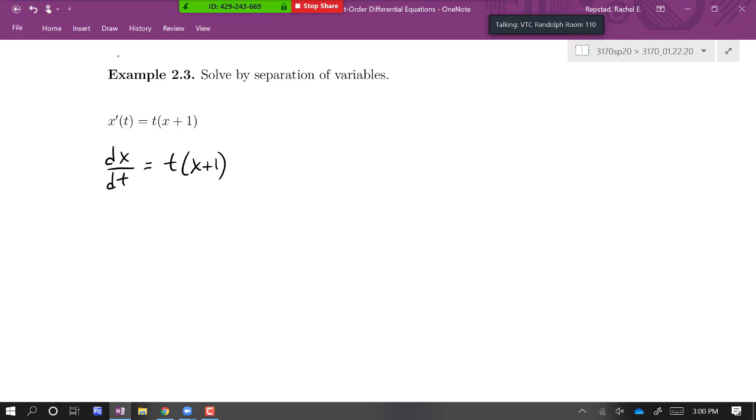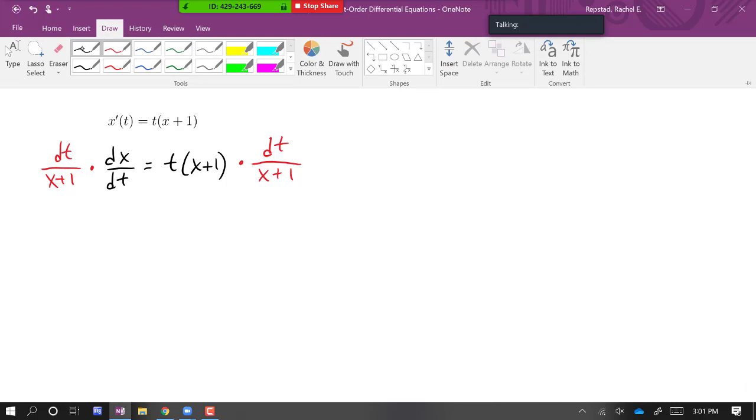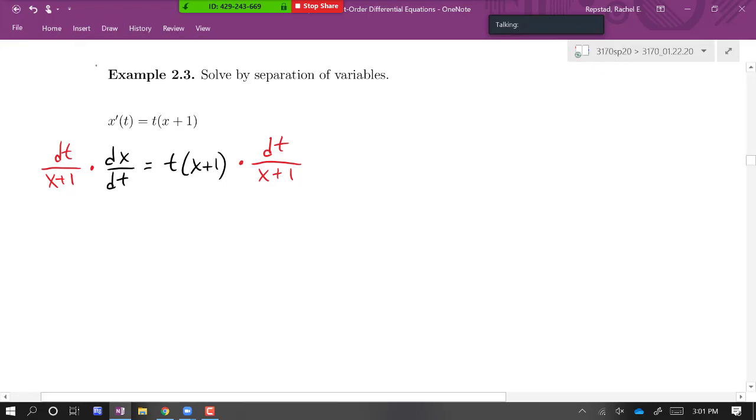Well, you could multiply by dt and divide by x plus 1. Yeah, good. Multiply by dt and divide by x plus 1. So now we have dx over x plus 1 is equal to t dt.